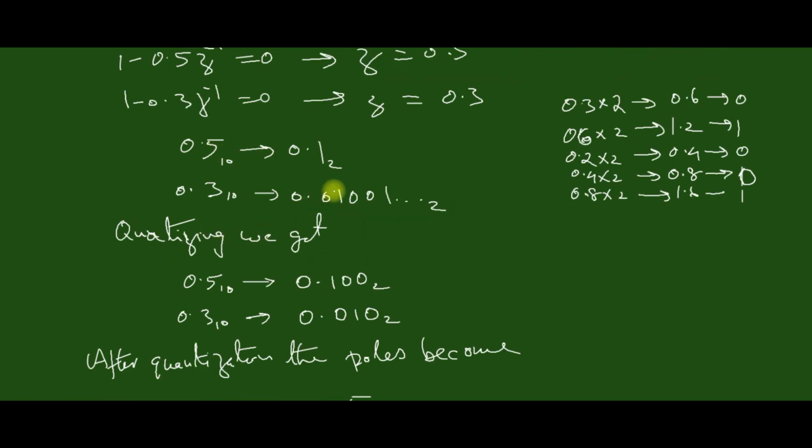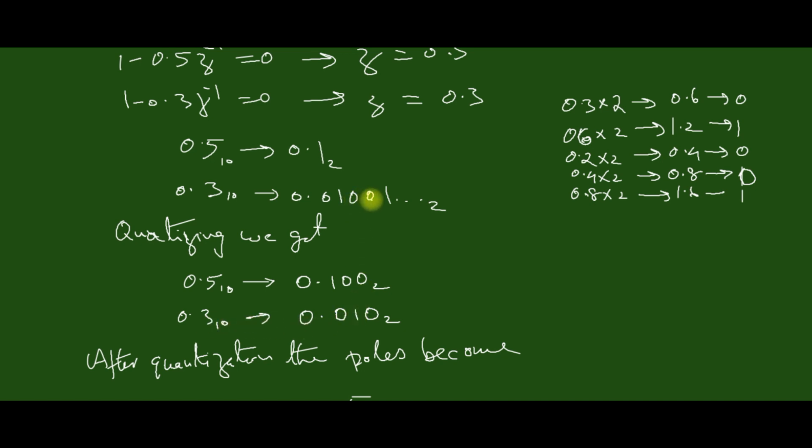Next we have to quantize the binary to 3 bits. So the first bit is for the sign bit. Since 0.5 is positive, the bit is 0, and the remaining 3 bits are for the data. So 0.1 can be represented as 0.100 in binary, whereas 0.3 is quantized.